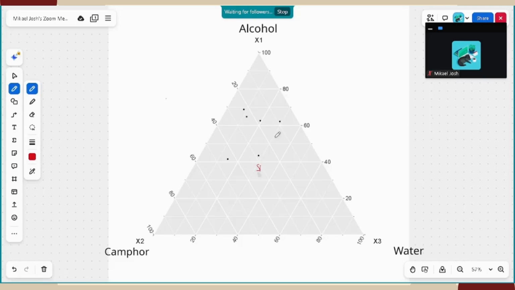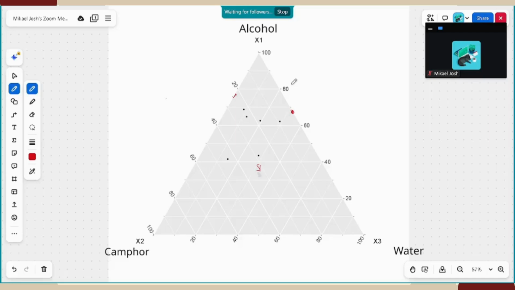For our sample number 2, we have 22.74% of camphor around here. Then 68.787% of alcohol. 68 should be here.